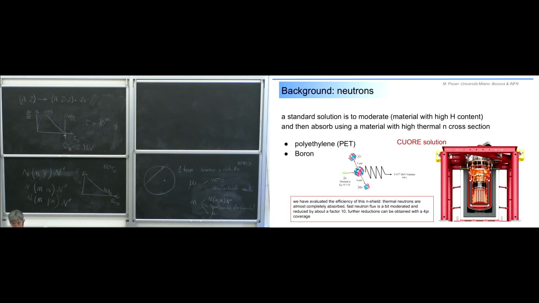That is what could be dangerous. Yes, this is true, and for this reason, but not only for this reason, all the materials in here have a very low neutron cross-section. So you try to avoid that.